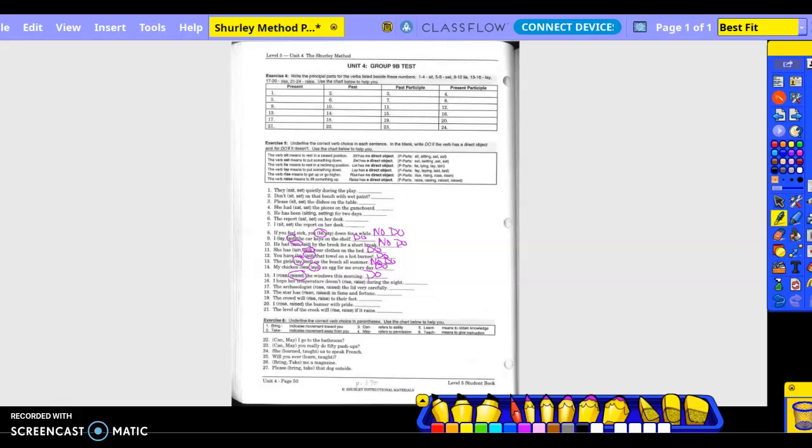I hope her temperature doesn't rise during the night. What is that? Okay. The archaeologists raised the lid very carefully. Direct object. Okay.